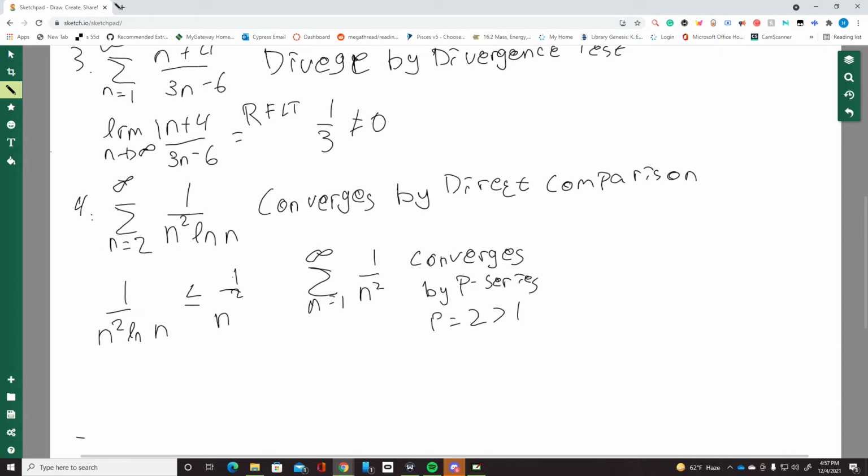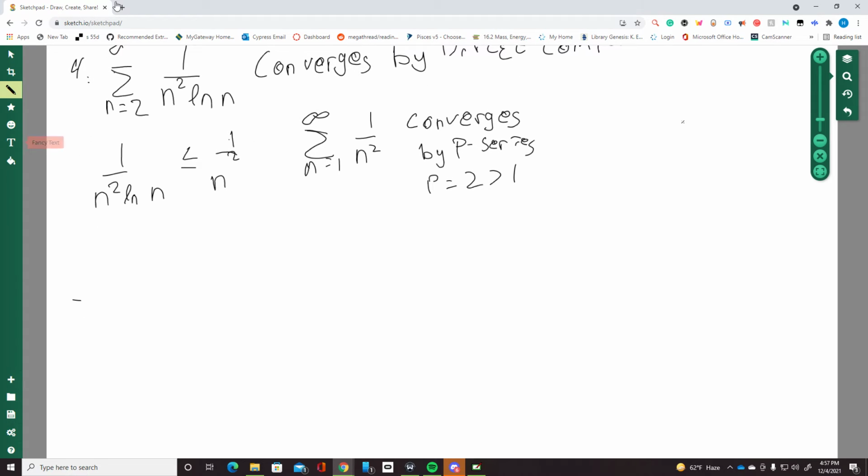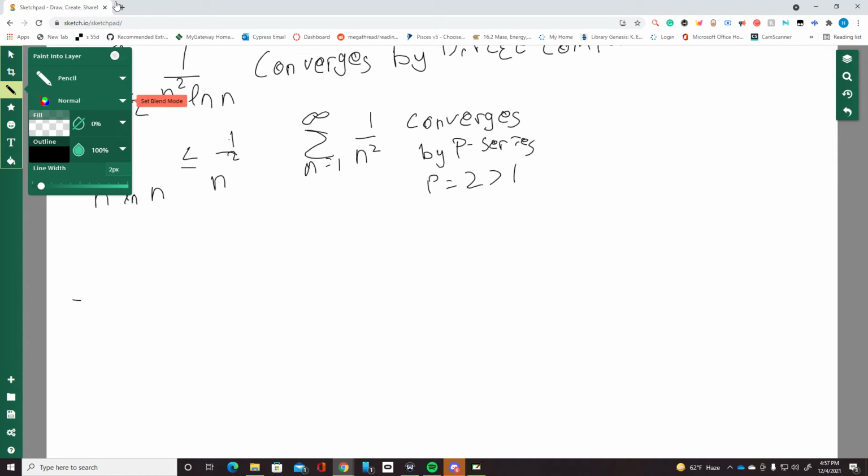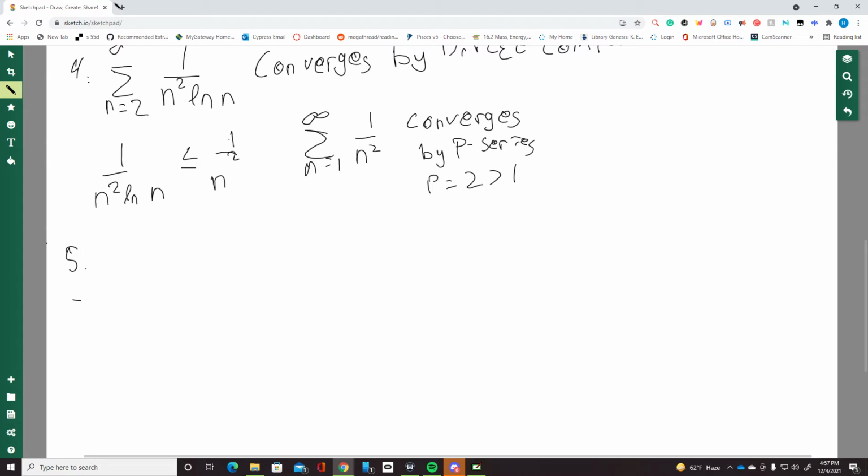Alright, let's do another one of these for our last question. We can do the sum from n equals 1 to infinity of root n plus 3 over n squared plus 1.